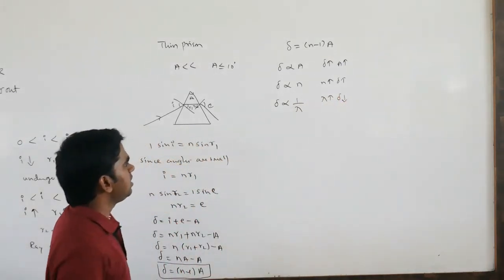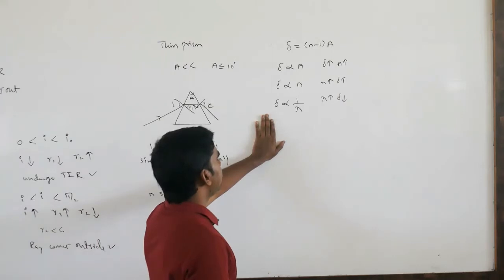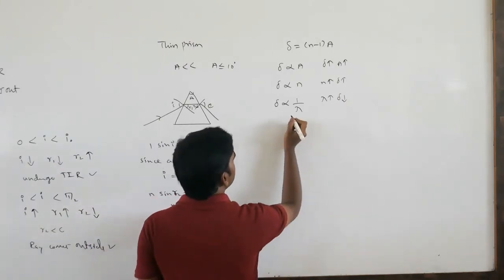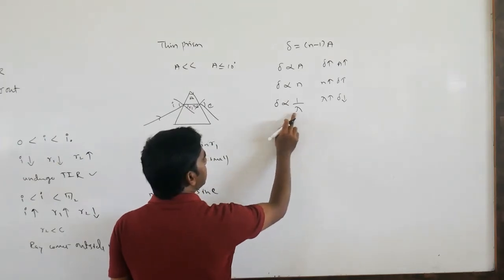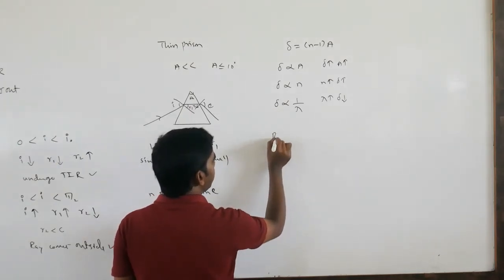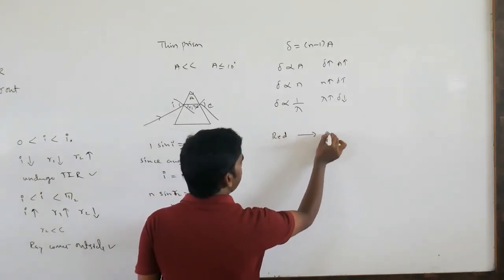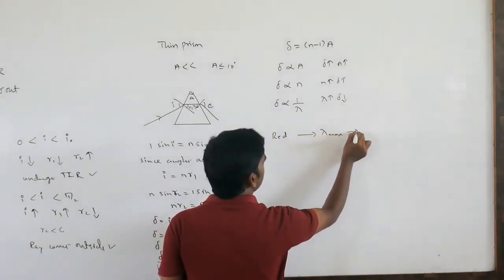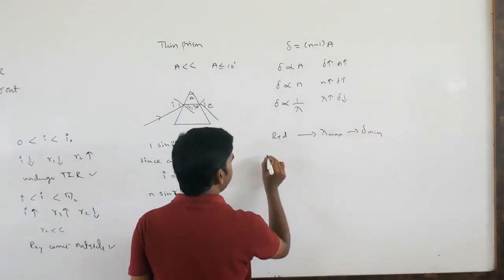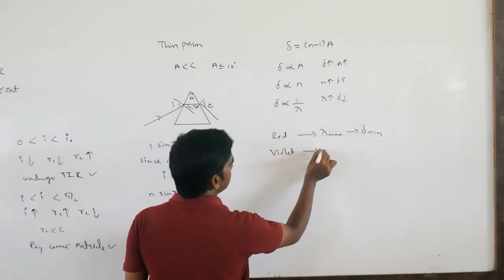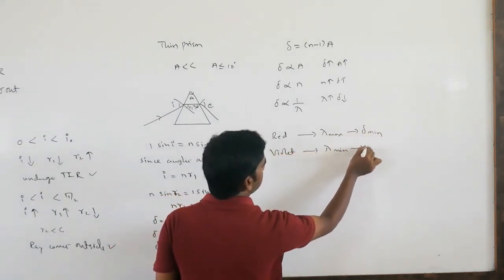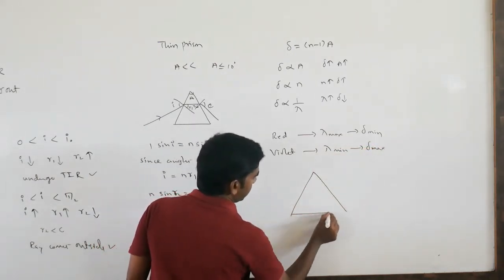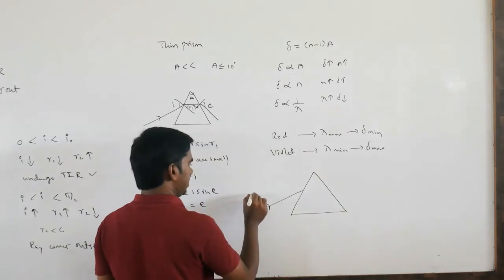This is the reason why white light passing through a prism splits into different colors. If lambda is maximum, deviation is minimum. For red light, lambda is maximum, so deviation is minimum. For violet light, lambda is minimum, so delta is maximum. That is what happens when white light passes through a prism.